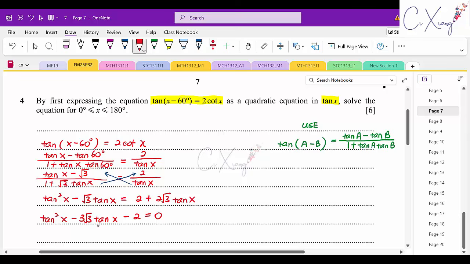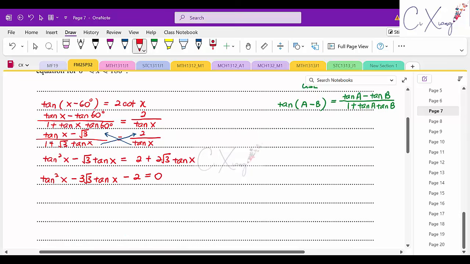Then they want you to solve this equation. To solve it, we continue from the quadratic equation here. Very obvious that this equation cannot be factorized, so I have to use the quadratic formula. To get the value for tangent x, what is the formula? Do you remember?